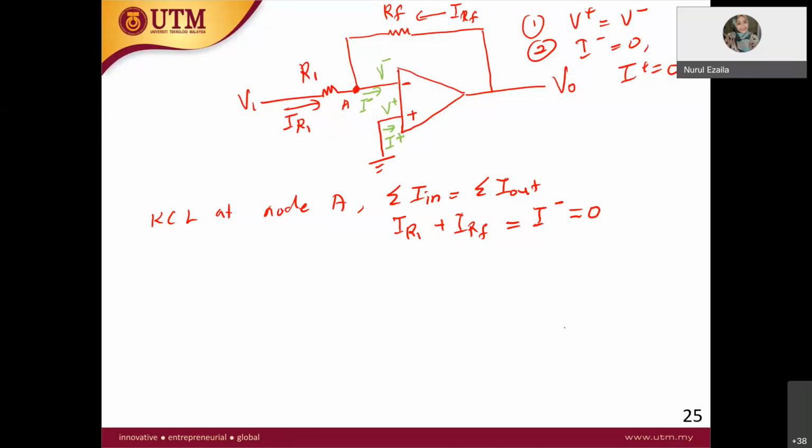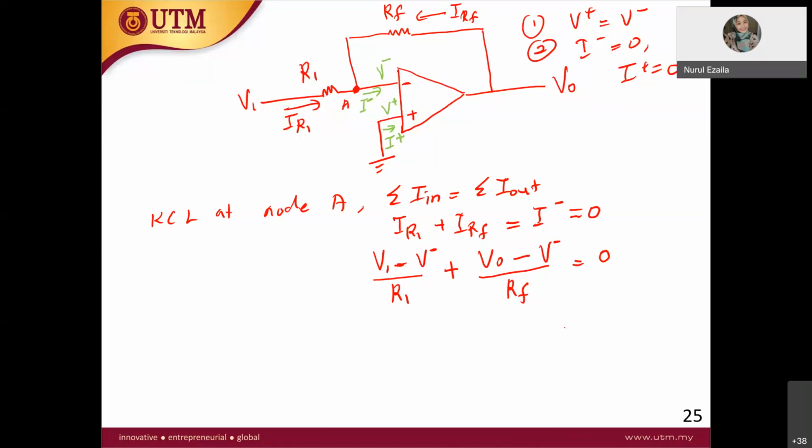If you take KVL, IR1 is equal to V1 minus V minus over R1. Am I right? Yes. And IRF is equal to V out, following the arrow, V out minus V minus over RF, equal to 0.